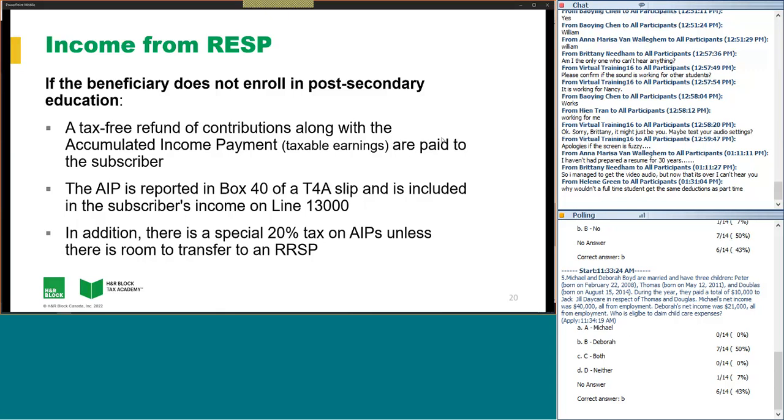Now, for those of you who remember when we did registered plans and when we did disability and medical, what option do you have if the reason that your child doesn't end up going to school is because they have a disability that means they can't? If you have a child with a disability, what can you do with the money in the RESP that would protect you from this?